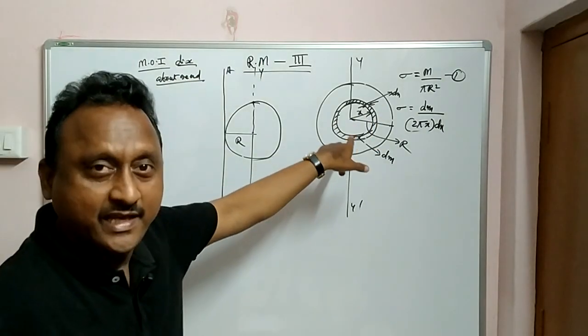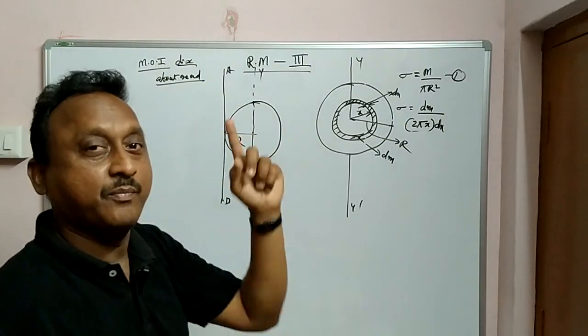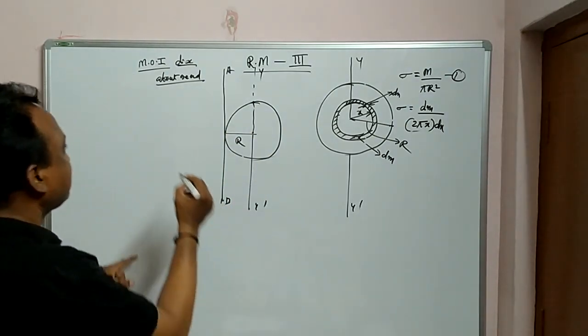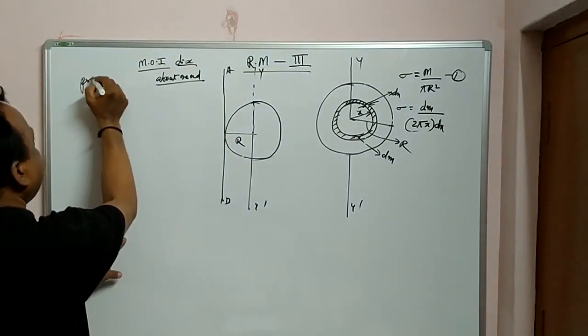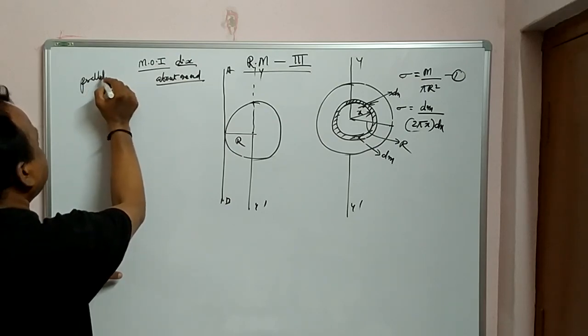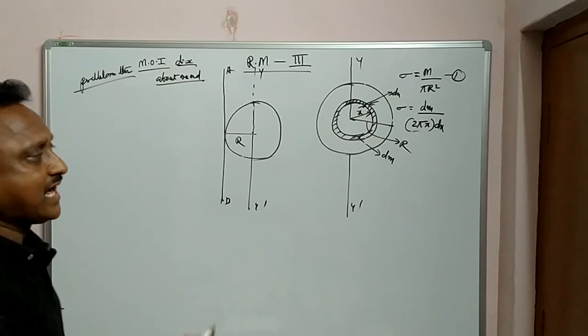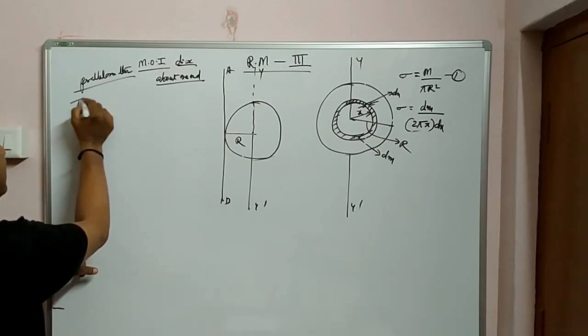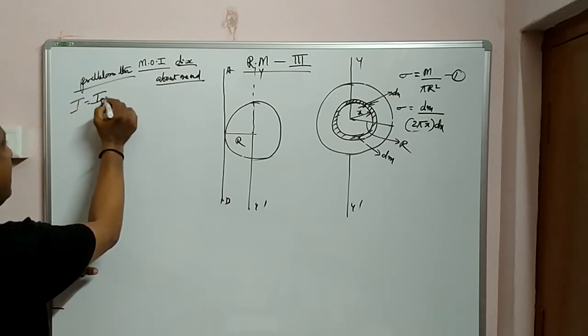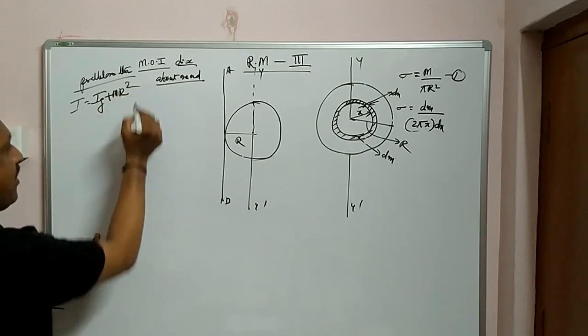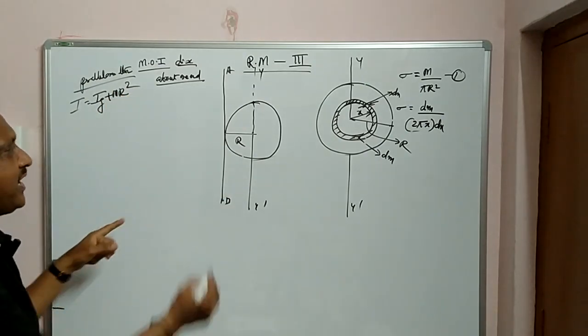when they ask about one end for this same disk, you can apply the parallel axis theorem again. So what is the parallel axis theorem? We already discussed the parallel axis theorem in the last class, in part 2. That is I is equal to Ig plus m r square. Just apply the formula.